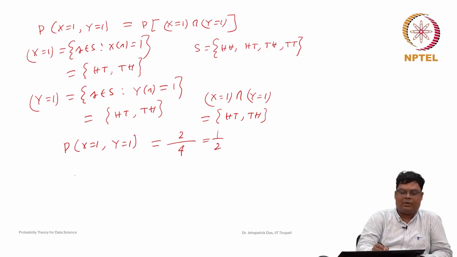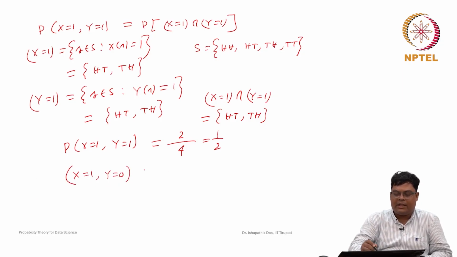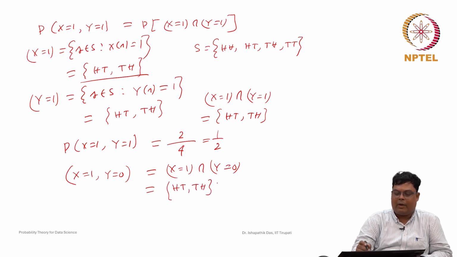It seems like it is always the same. So, let us suppose we want to find X equal to 1, Y equal to 0. The corresponding event is X equal to 1 intersection Y equal to 0. X equal to 1 corresponds to head tail and tail head. Now, what is Y equal to 0?